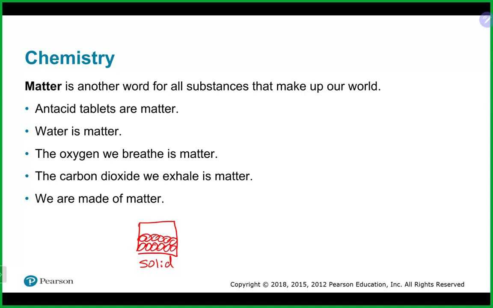The next state of matter that we oftentimes will deal with in chemistry, if I get my pen, is the liquid state of matter. And in the liquid state of matter, we still have everybody relatively close to one another, but there is a little bit more room for movement that's happening here. And that's why when we think of liquids, right, we think of them as being fluid.